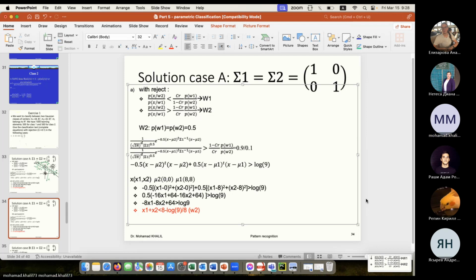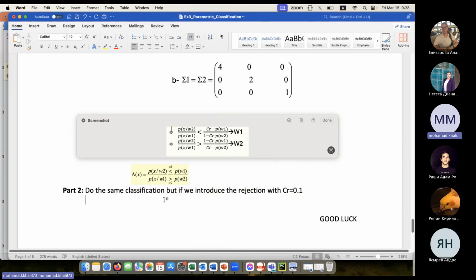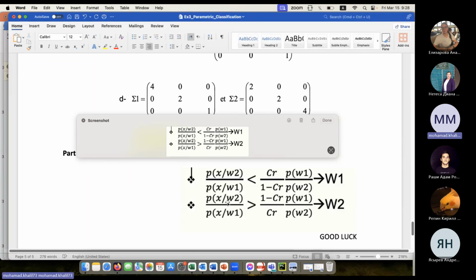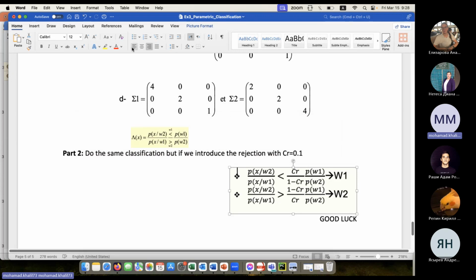What is it? Here. Copy image. Here. Great. Okay. Screenshot. Close screenshot. And here.